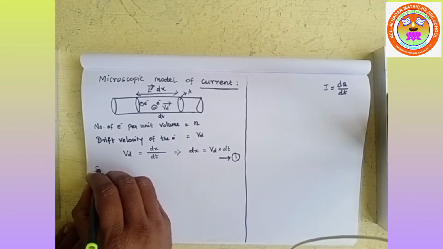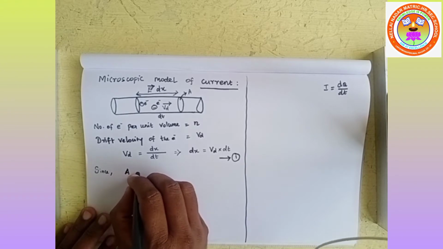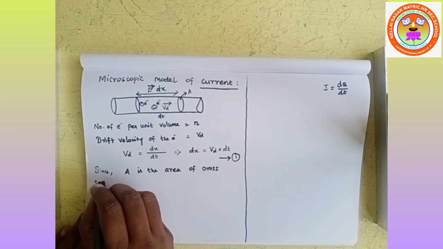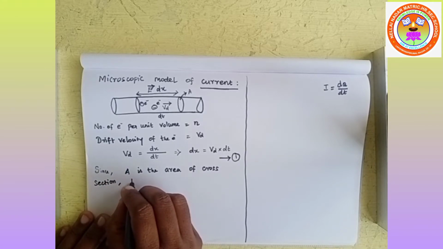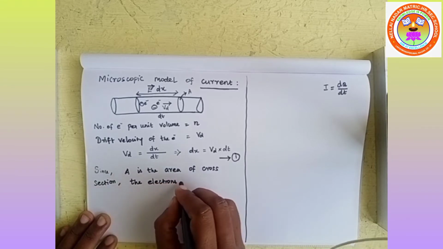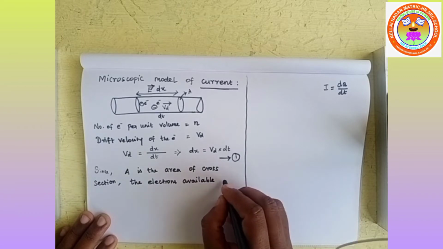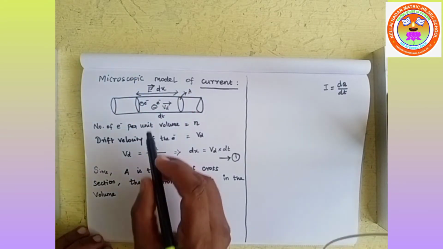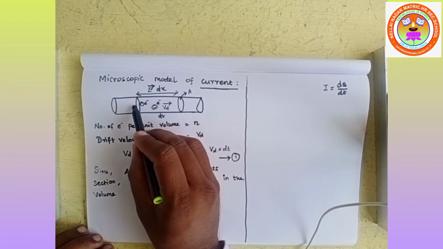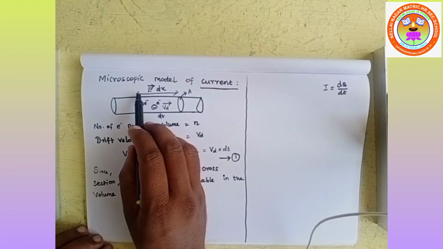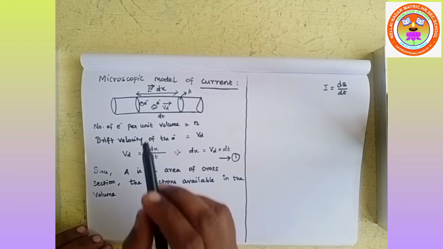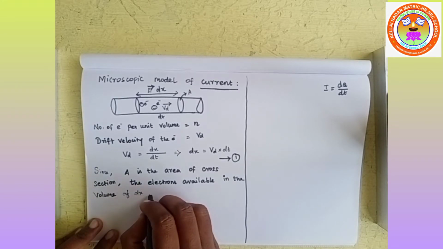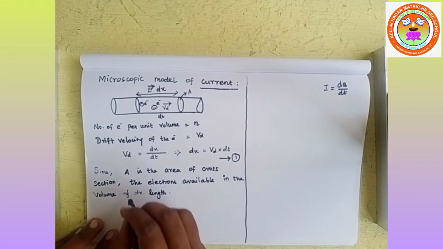Now, A is the area of cross section. We consider the area A and the distance dx, and in this volume we are going to calculate the number of electrons present in the conductor.